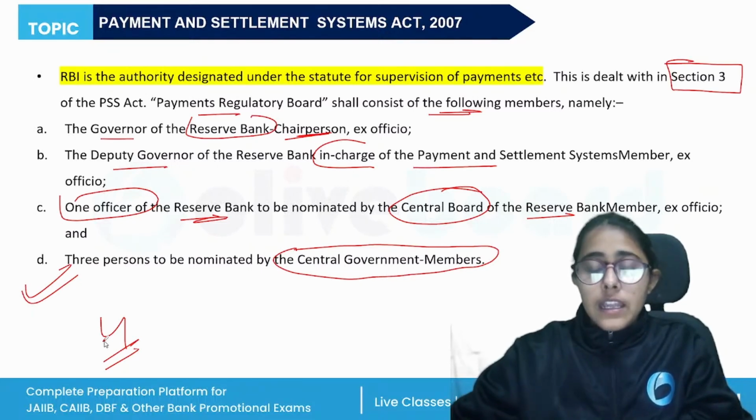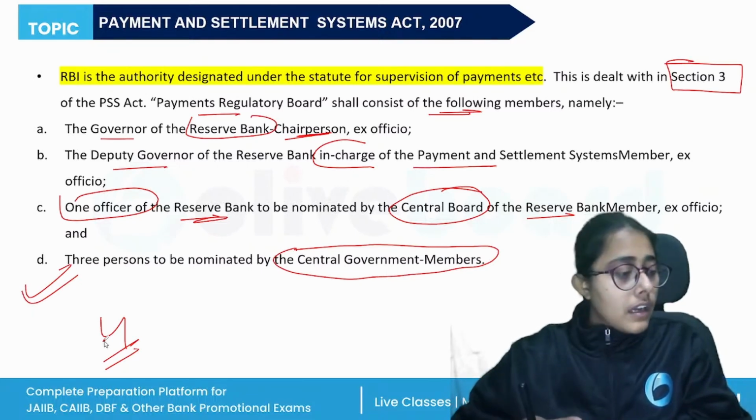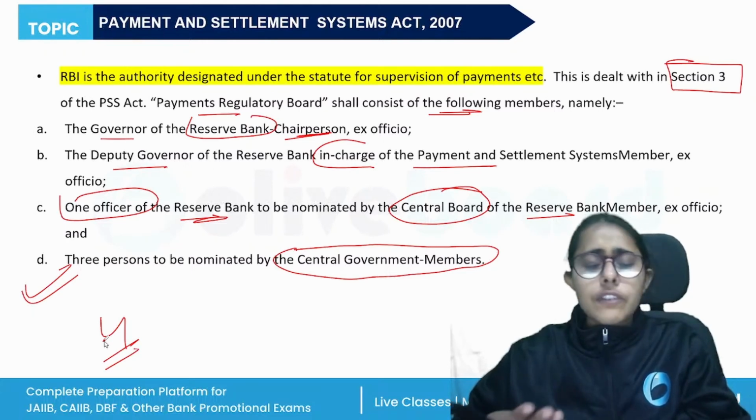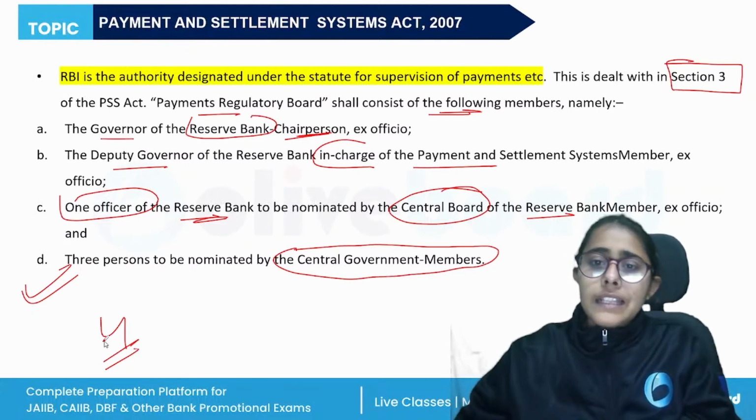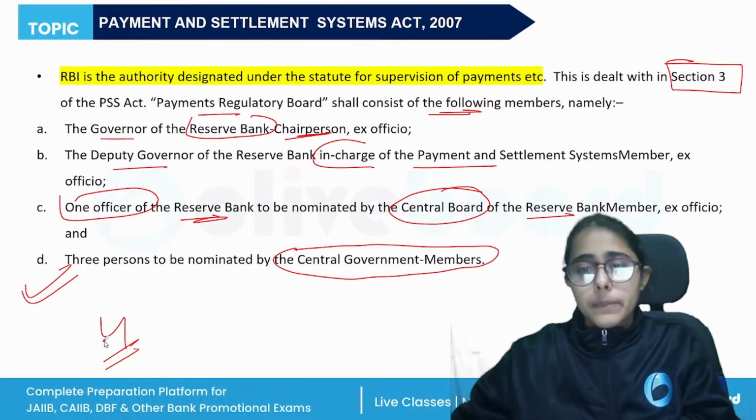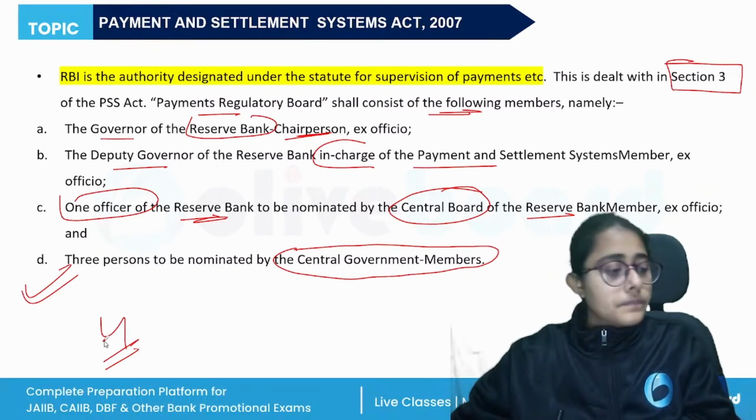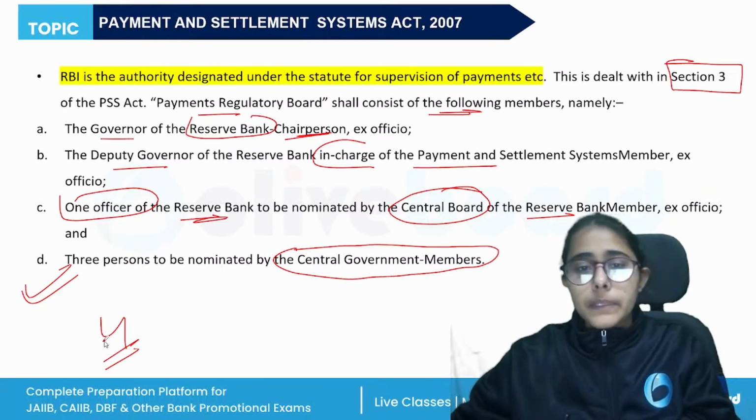So whenever a new company or any issuer wants to set up a payment system, they need to get approval from RBI. Authorization will be made under the powers given to RBI.